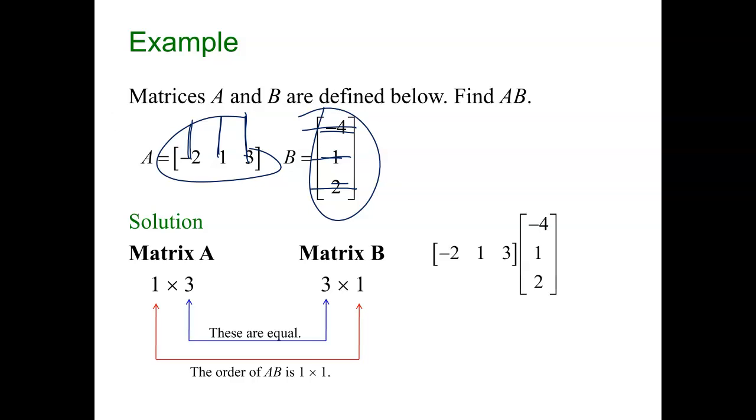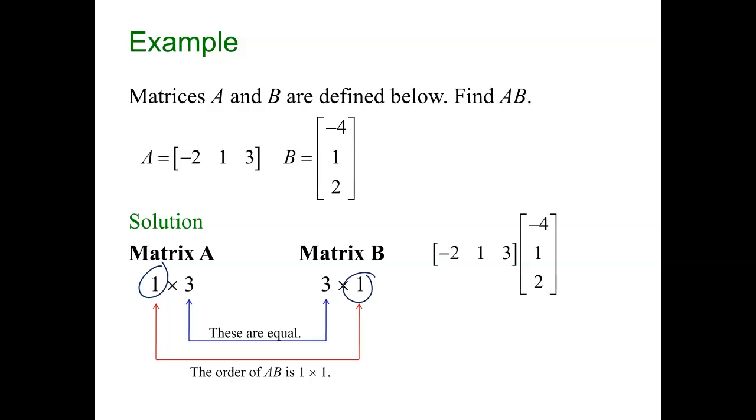If those don't match up, then I have numbers missing and I can't finish the multiplication. And then the order of my product is going to be determined by these outside numbers, the rows by the columns. And since I have 1 row and 1 column, I'm only going to end up with a 1 by 1. Just 1 element. That's it. So my product is going to be 1 element.